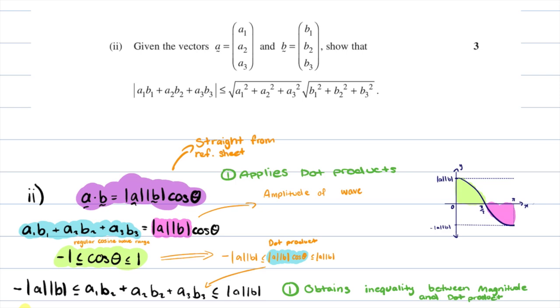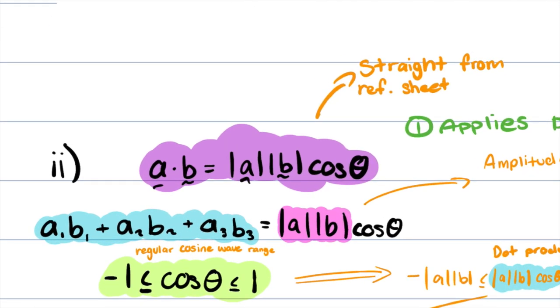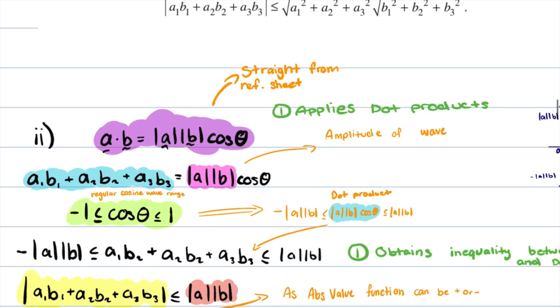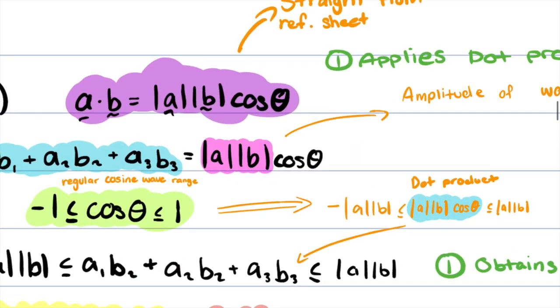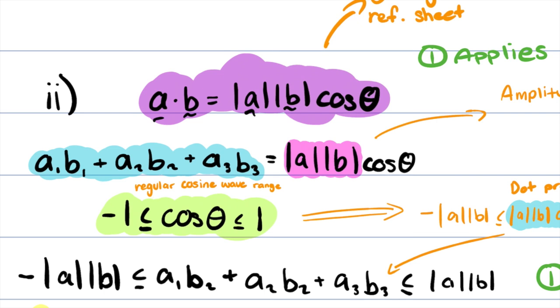We know our dot product will be our two x values multiplied together plus the two y values plus our two z values. And this is all still equal to the magnitude of the two vectors times cos of the angle. We know for our regular cosine wave that our range is between -1 and 1.